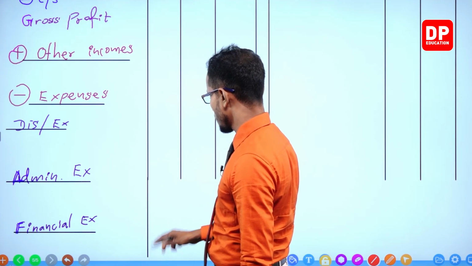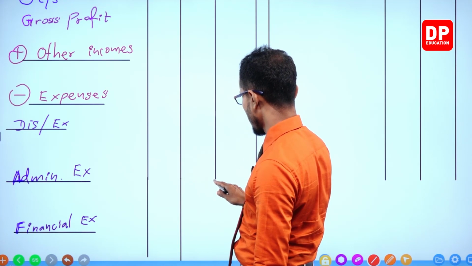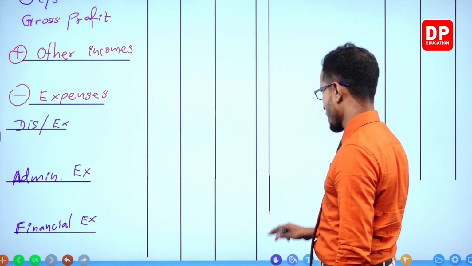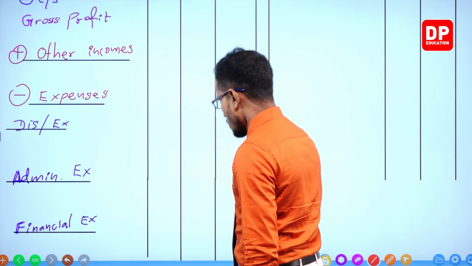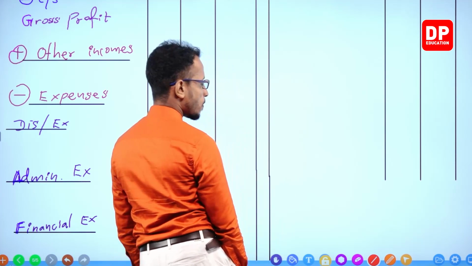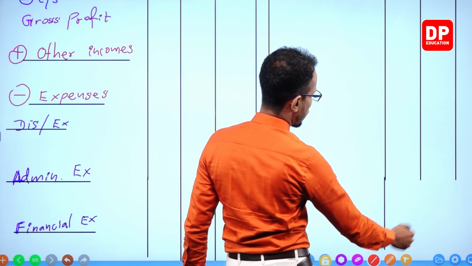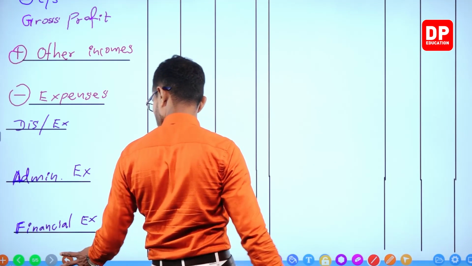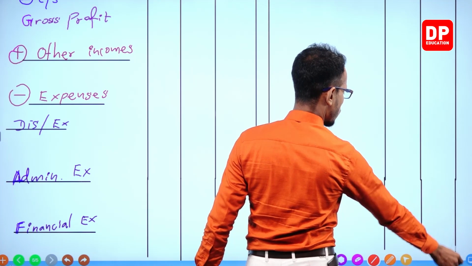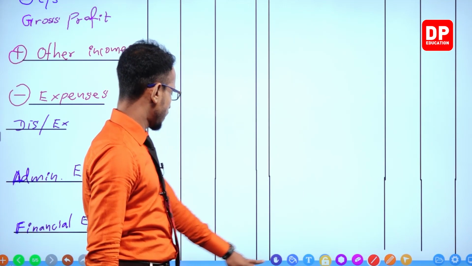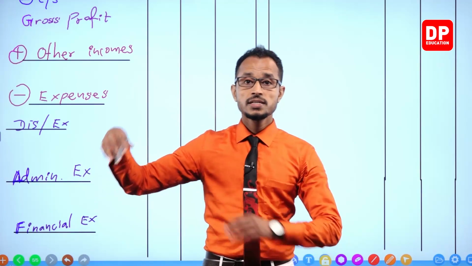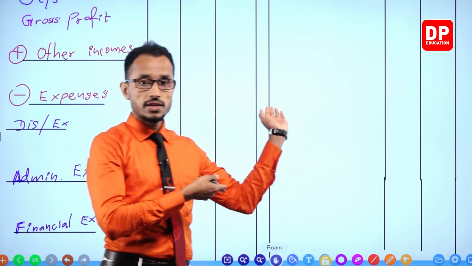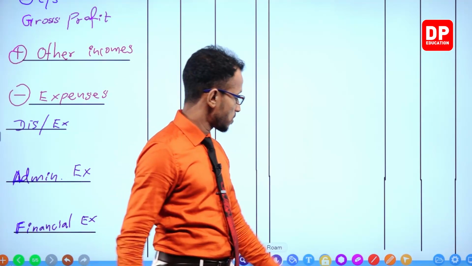And we need to extend the lines a little bit like that. Okay, right. There we go. This is the profit or loss statement. And we are going to the next statement.